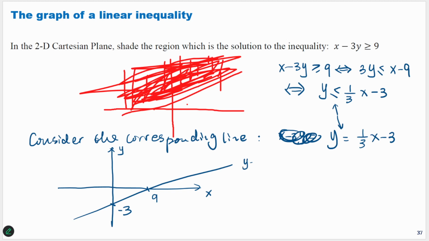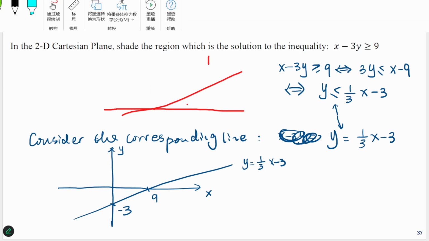So this is the line y equals 1/3 x minus 3, right? But we have an equal symbol here, less than or equal to. This means if you insert any x there, y is either on that line or below that line. Smaller than means below, right? So you need to shade it like this.